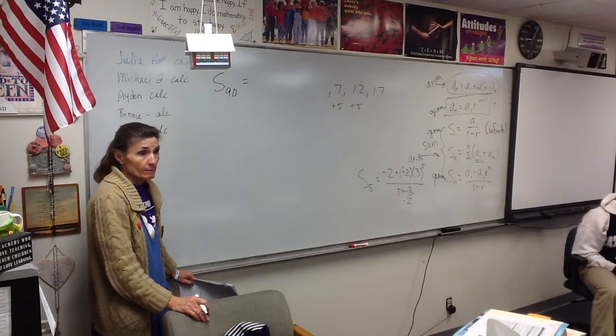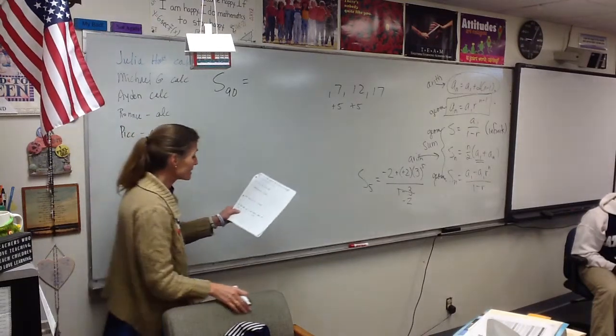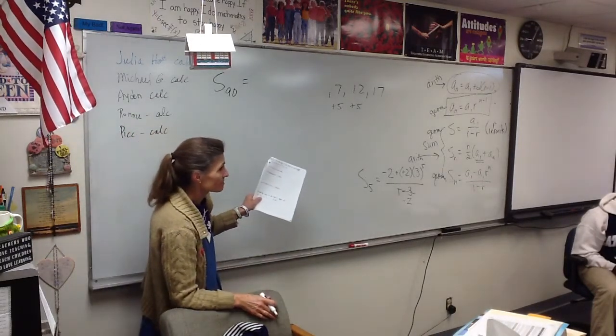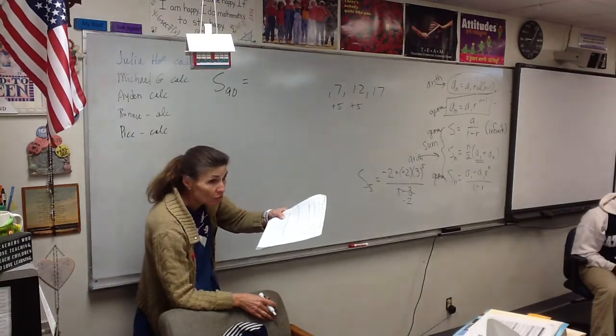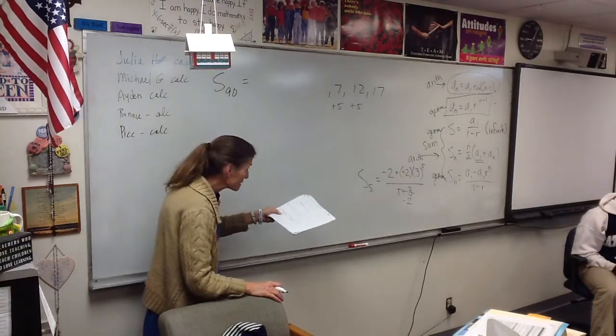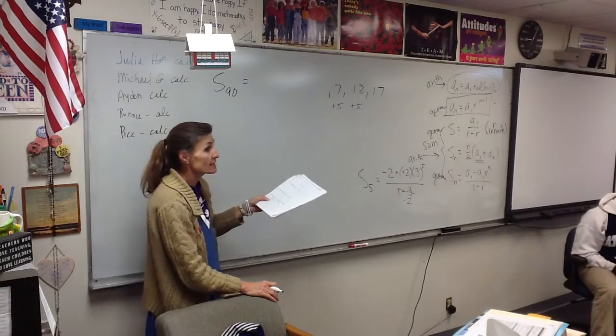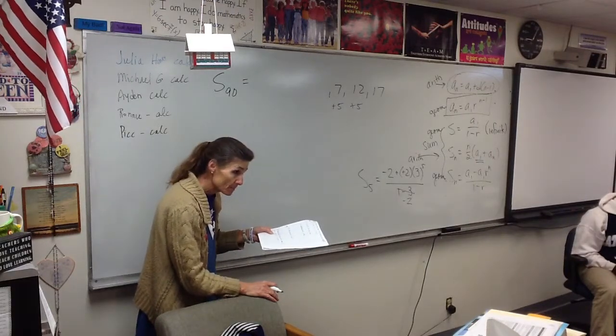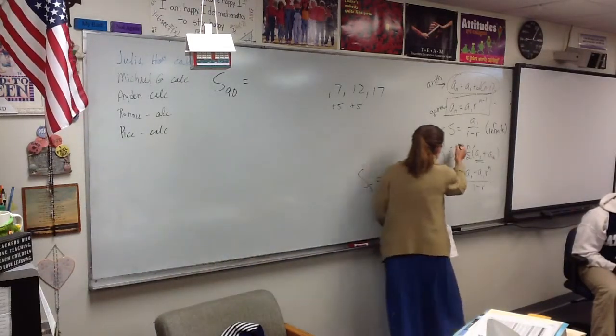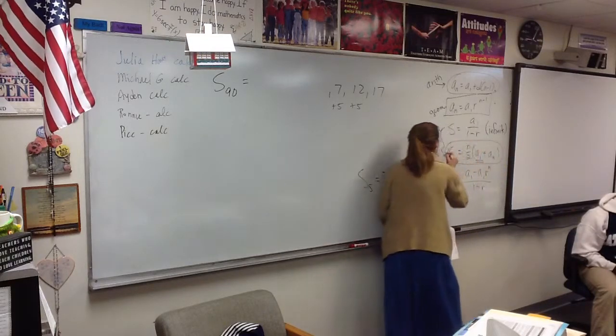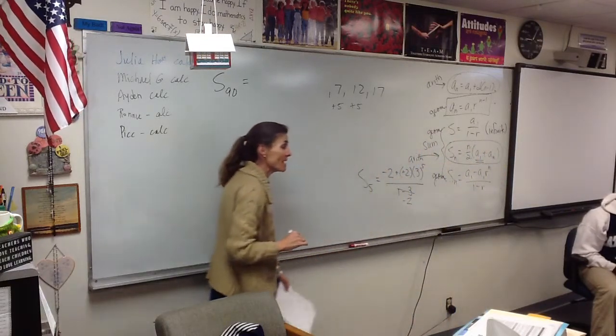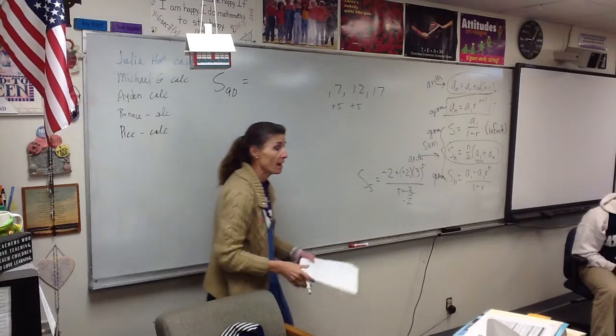Okay. Now wait a minute. What kind of sequence is this? You add 3. I add 3. And if I'm adding 3, then it's arithmetic. Yes. So I am going to use this formula right here. That's my arithmetic sum formula.